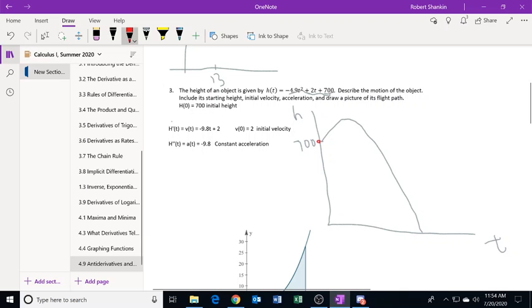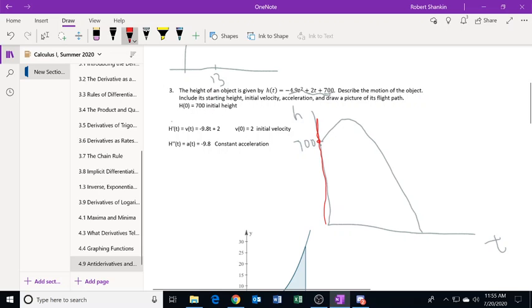It's not totally clear, but it looks like it was thrown straight up. And so its real flight path is just here and then here, and then it comes down to the ground.